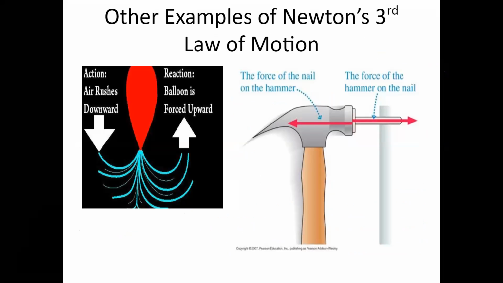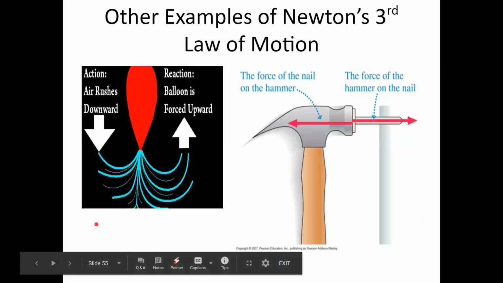So here's some other good examples. You have a balloon that's full of air, right? What happens when you release the bottom of the balloon? It shoots out of your hands, right? And starts zooming across the room, even though if you put your hand in front of the balloon, you can feel the air coming out this way. So the air is rushing down and out of the balloon, and this is what causes the balloon to move up.